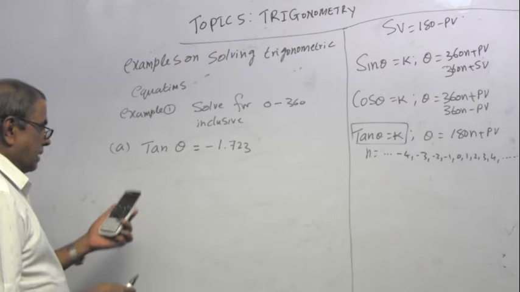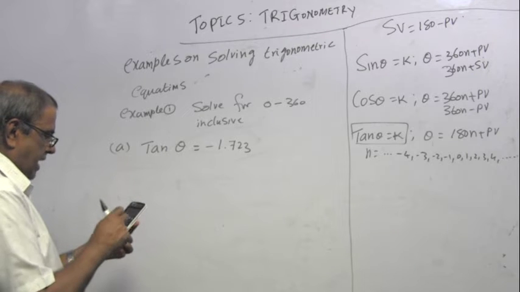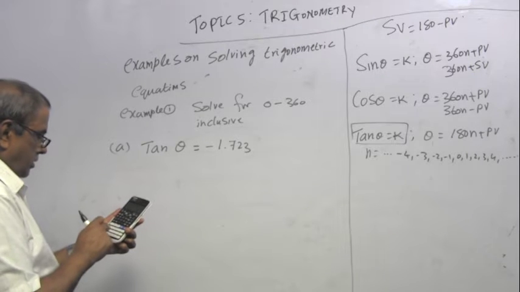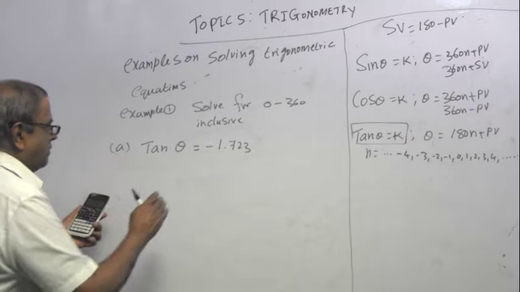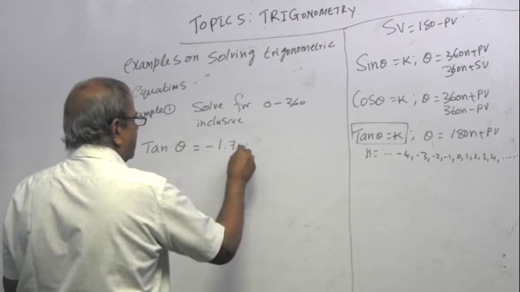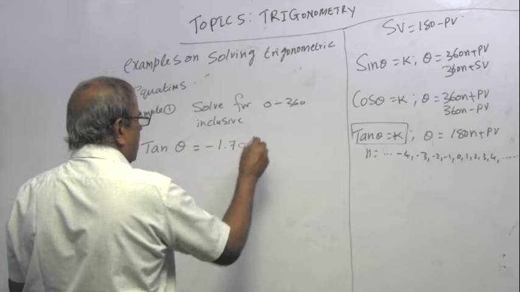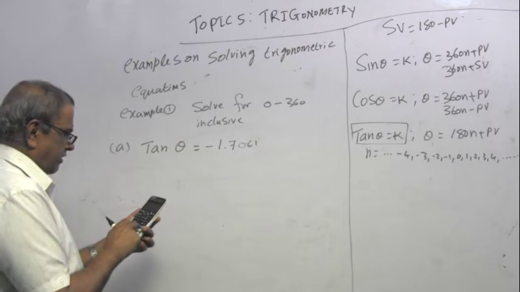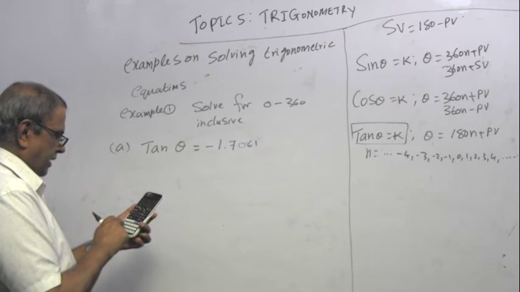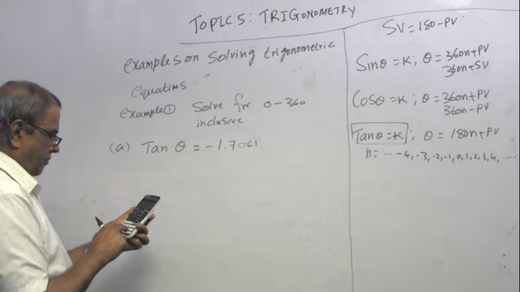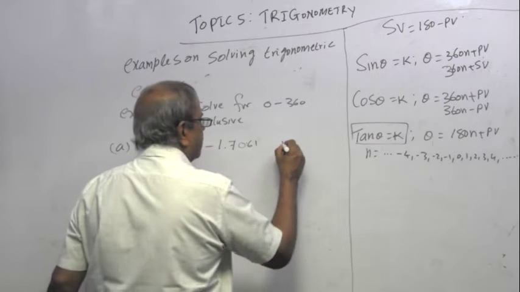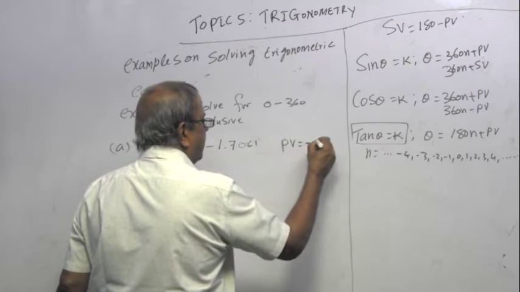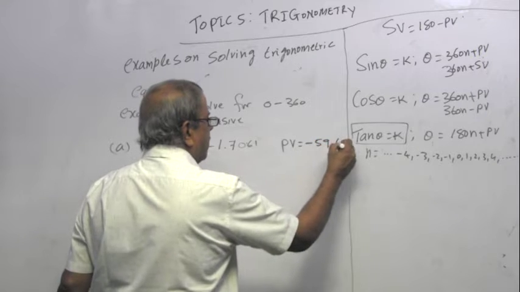Anyway, coming back to this, so I'll do tan inverse minus 1.7061, because 723 is almost 60, that's why. It is minus 59.6. So your PV is minus 59.6.